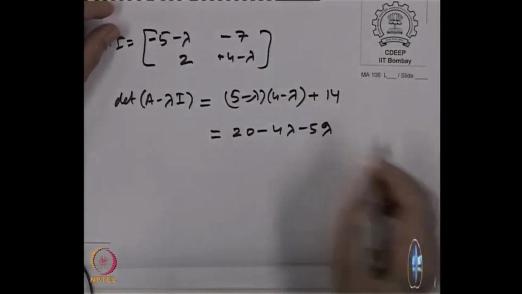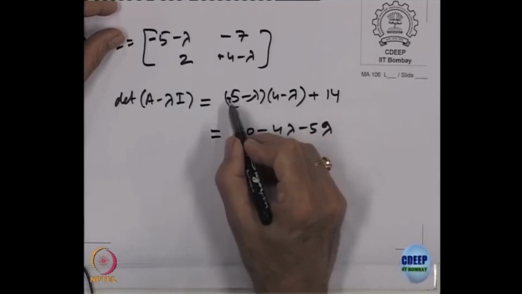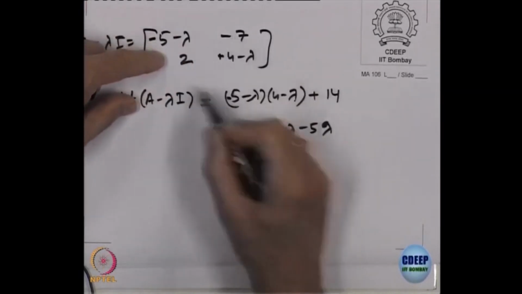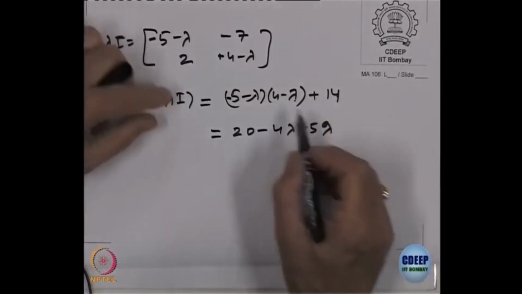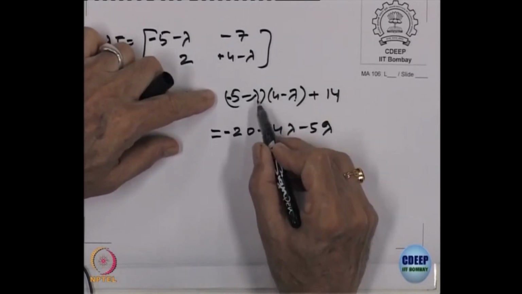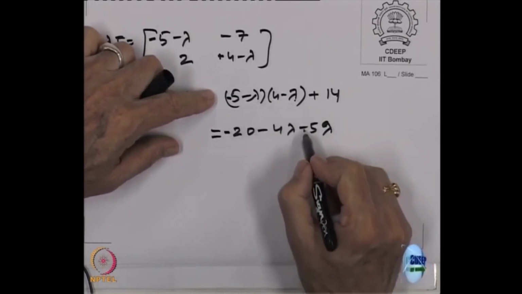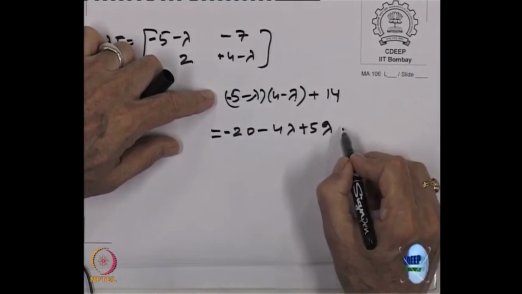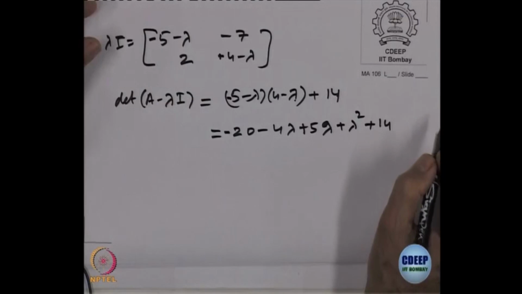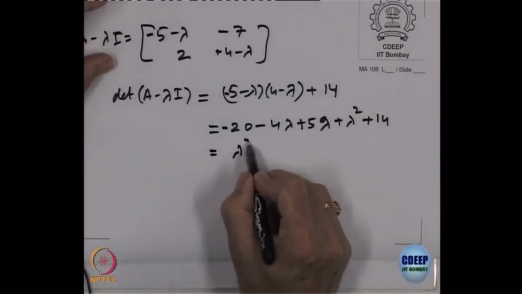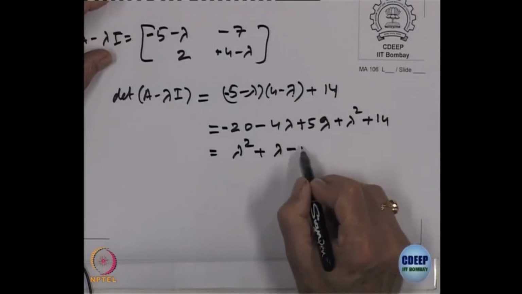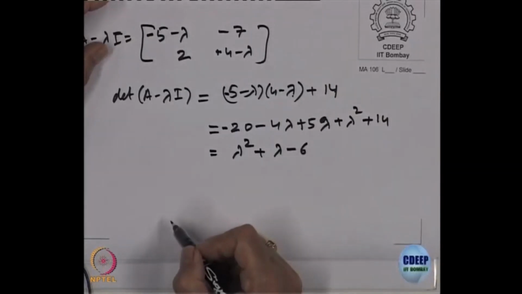So, that is 5 minus lambda, 4 minus lambda, and this is plus 14, that is okay, right. So, that gives me 20 minus 4 lambda minus 5 lambda plus lambda square plus 14, right. So, what is that equal to? Lambda square minus 9 lambda plus 34? Lambda square plus lambda minus 6, right.